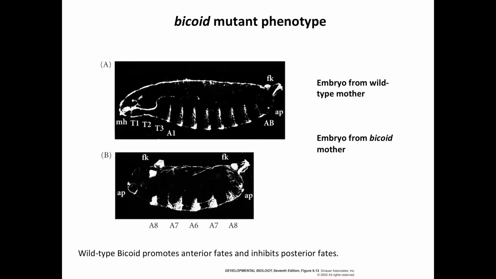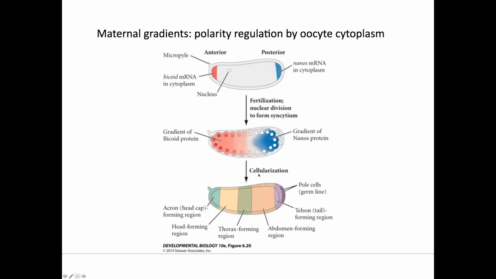Even if the embryo is making bicoid, it doesn't matter because bicoid's role is prior to the activation of the zygotic genome. Even if the embryo is mutant for bicoid and the mom has laid enough bicoid, the embryo will develop just as fine because the role of bicoid is prior to the activation of the zygotic genome.